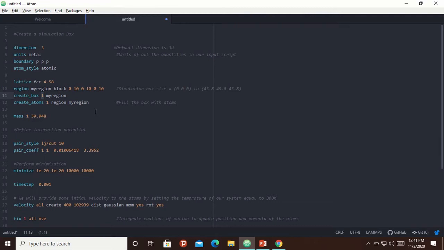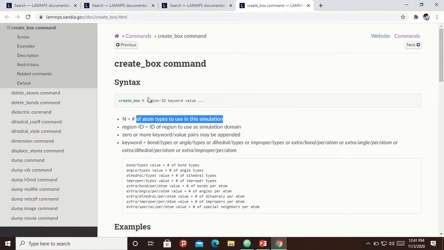If I am using argon and another atom, say krypton, so I am studying a system of argon and krypton, then I will write 2 here. But I am using only argon, so I will write 1 here. And after that there is the ID of the region.